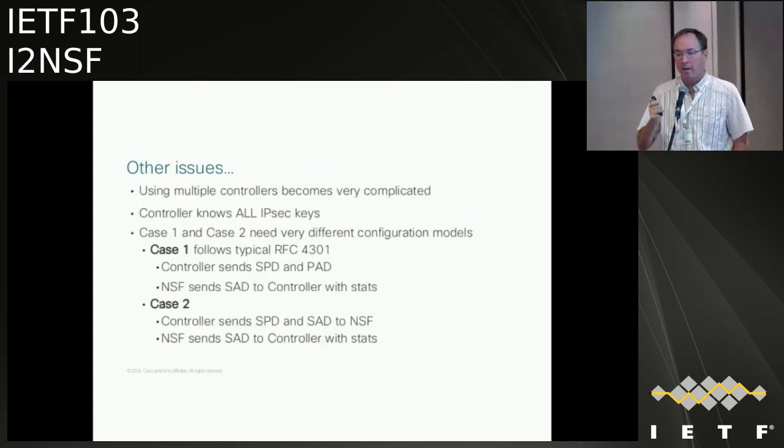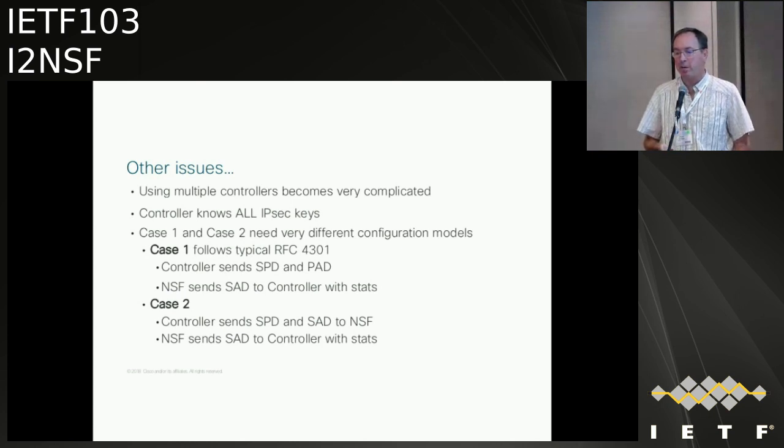Other issues, I mentioned multiple controllers. We've all talked about the IPsec keys. We don't need to go into that. We looked at the configuration models. So case 1 is sort of typical RFC 4301. You're sending an SPD and a PAD information to the NSF.